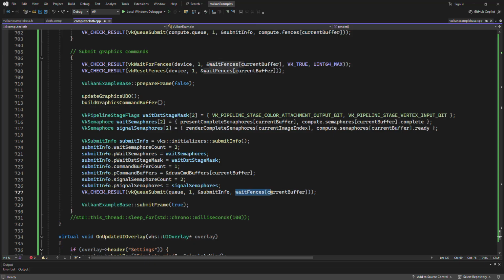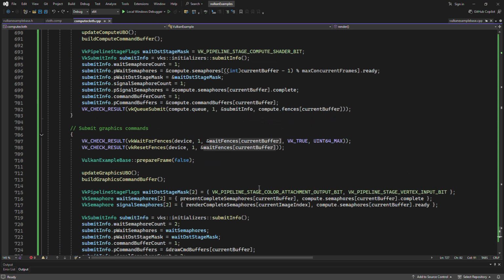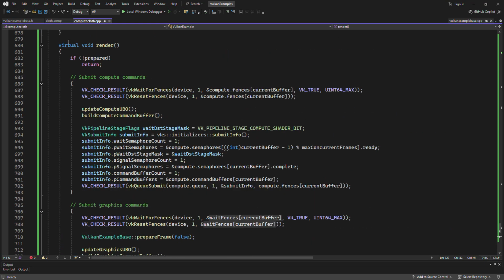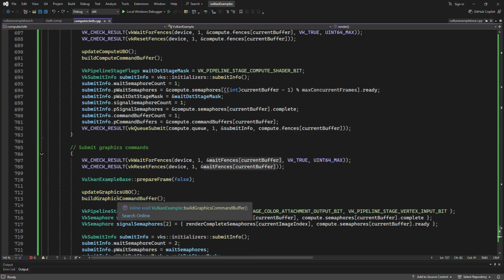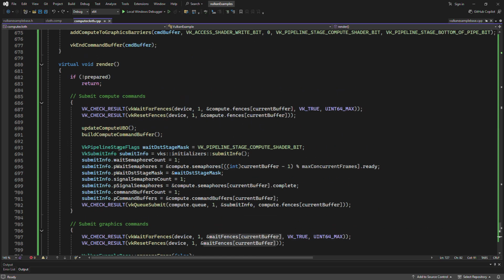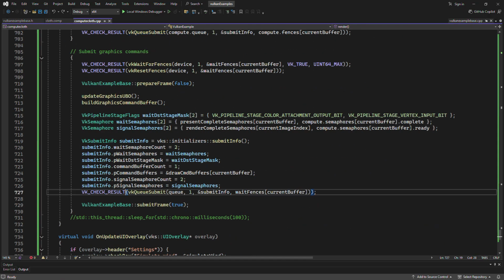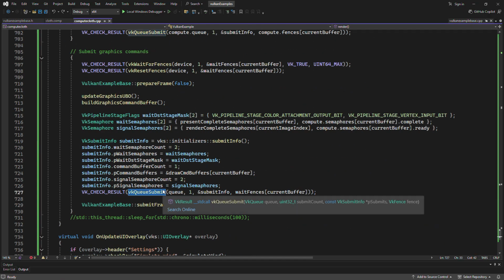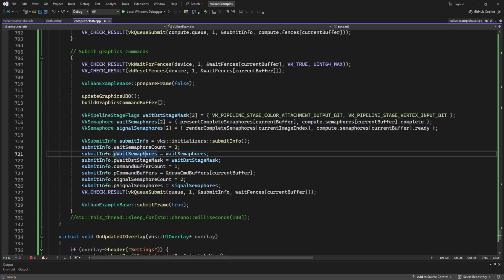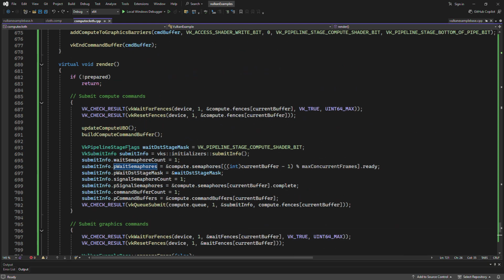These are the fences for the CPU to GPU thing. And then once these commands are in the GPU, for the compute and the graphics, we have to deal with what gets done when, and that's when the wait semaphores and signal semaphores come in, right?